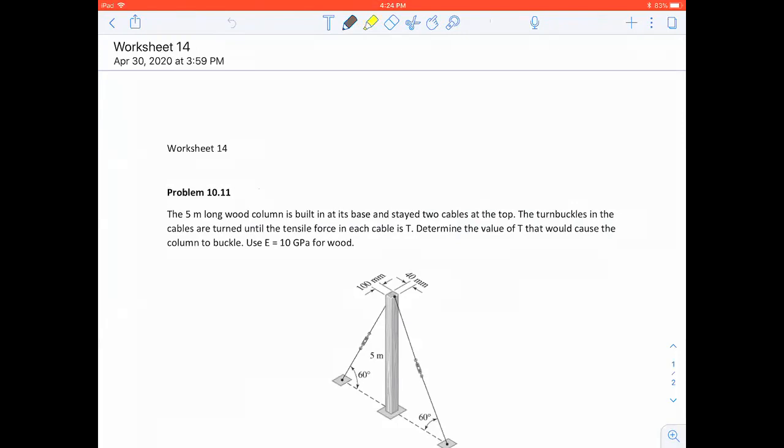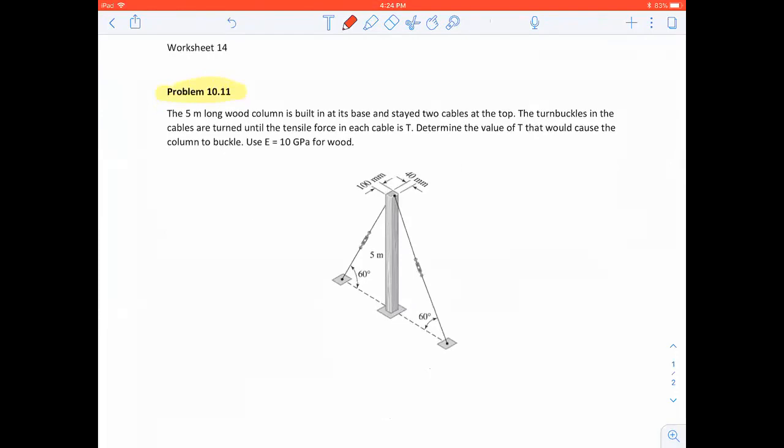This is from your book, problem 10.11. The 5-meter long wooden column is built in at its base and stayed by two cables at the top. So you have two cables basically here, one cable here, one cable here.